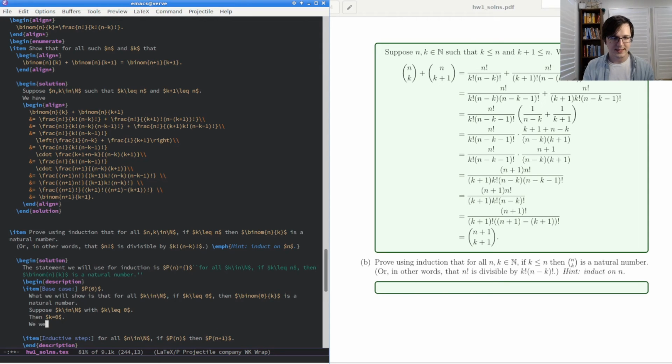And so we see that the binomial coefficient 0 choose k equals the binomial coefficient 0 choose 0, which is, by definition, 0 factorial over k factorial times (n minus k) factorial, which is 1 over 1 times 1, which is 1, which is a natural number.